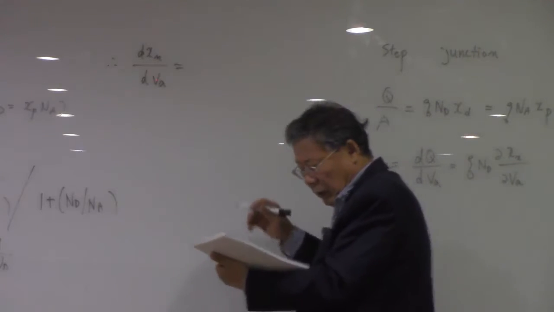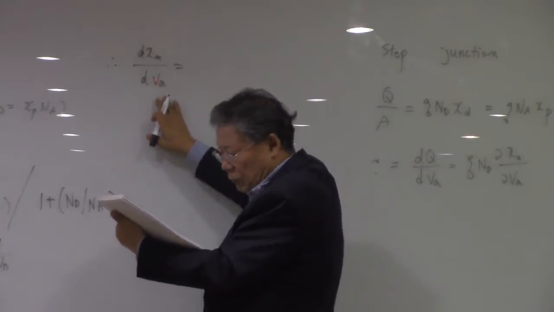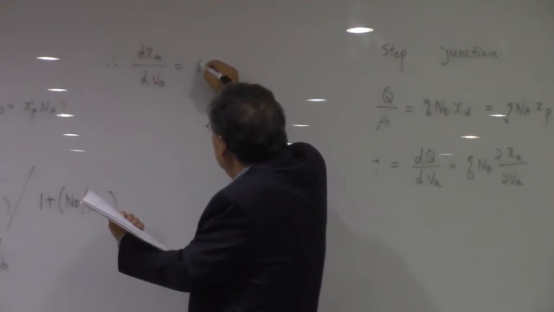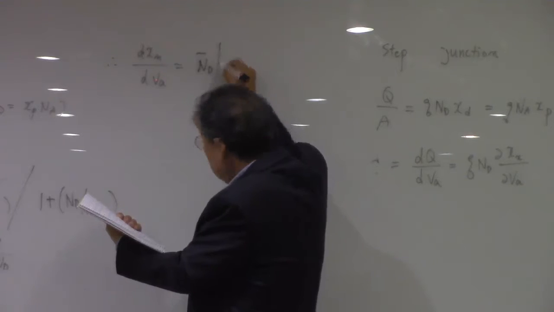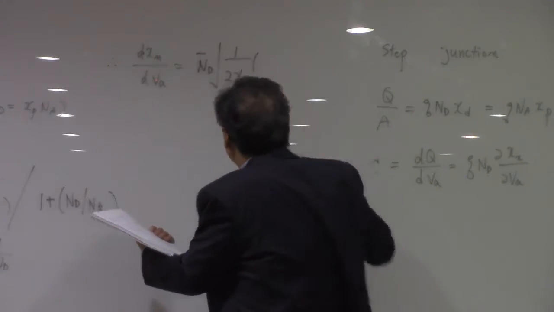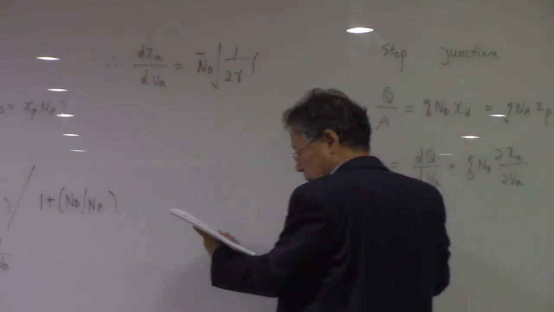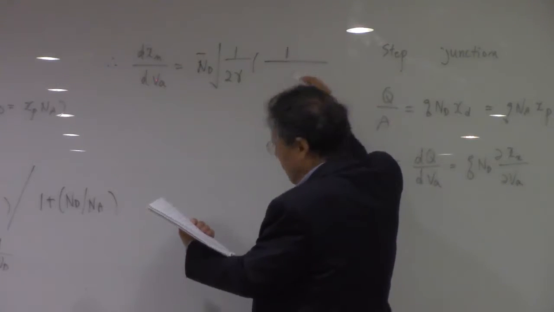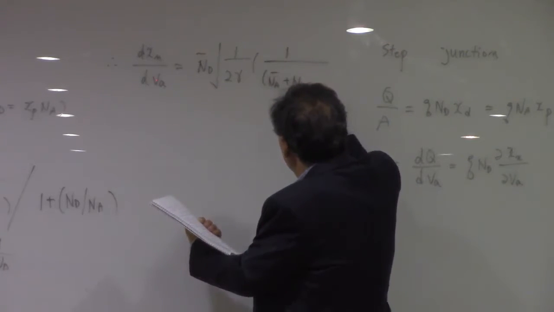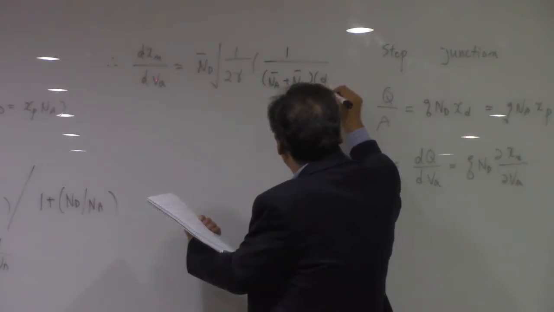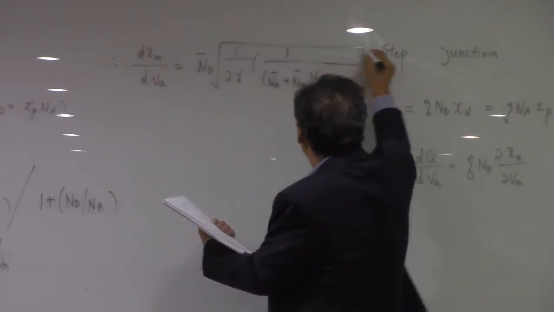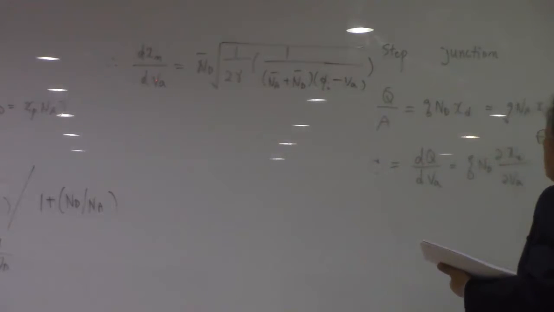So the modulation of the depletion length with respect to the applied voltages now can be expressed as N_D, something like this.